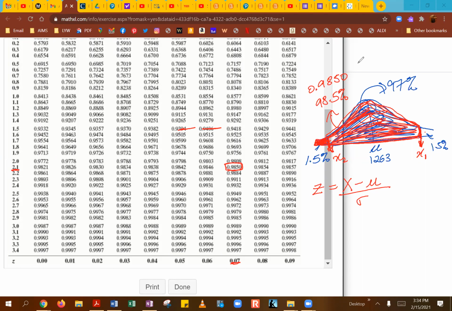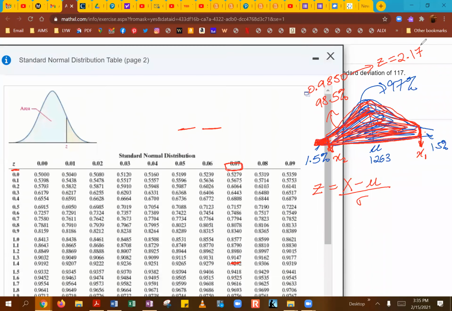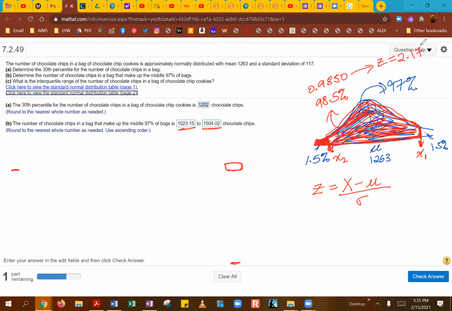So it actually looks like for this guy, our corresponding z-score is going to be 2.1 from that left-hand side. And then the 0.07, that will become my second decimal place. And that will be 2.17 from over here. Okay, so that's kind of how you're going to use this idea of the probability to help you find the z-score.